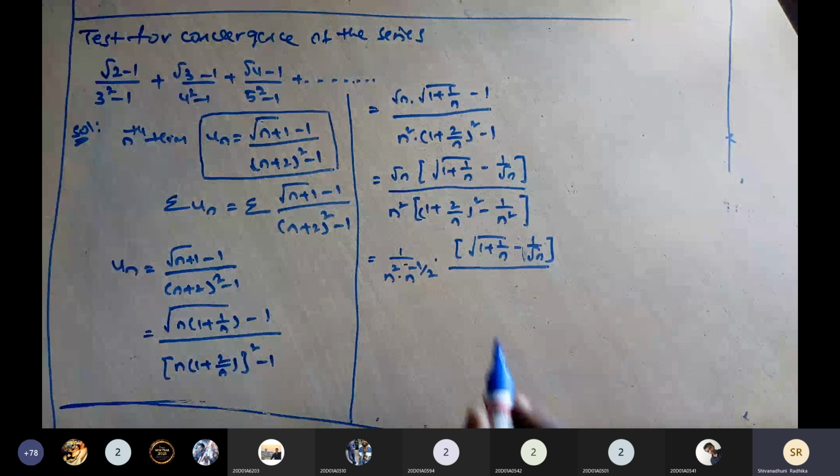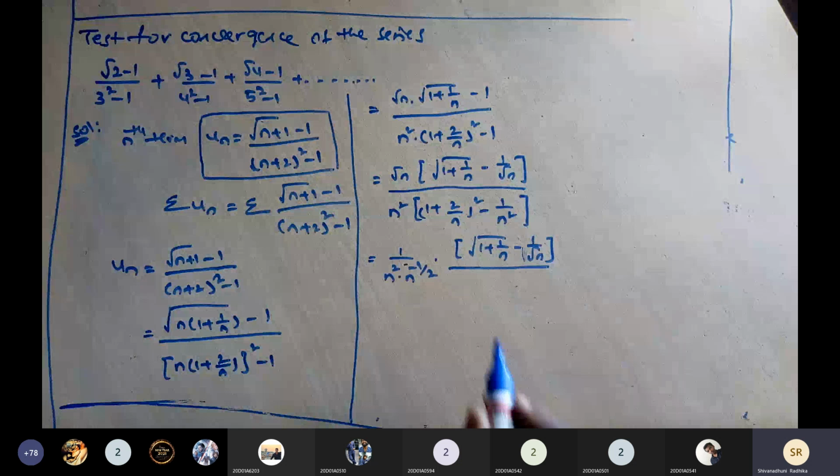1 plus 2 by n whole square minus 1 by n square. Taken common in the numerator and denominator, and also root n can be written in the denominator as n to the power of minus 1 by 2. Here the bases are equal, so we should add the powers: 2 minus 1 by 2, take LCM for 2, so 4 minus 1, that is 3 by 2.